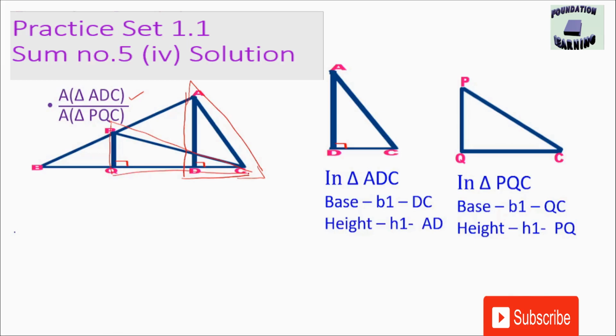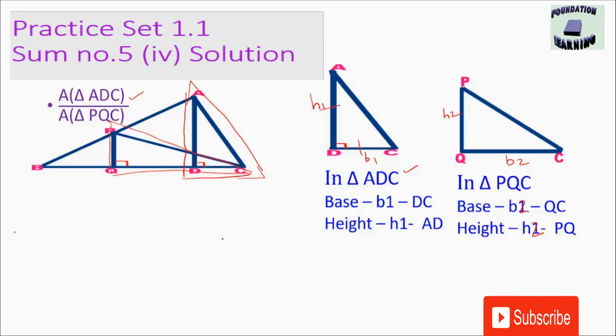Now here you can find that nothing is common. In triangle ADC, base is DC, height is AD. This is B1, this is H1. In this triangle, QC is base 2 and PQ is height 2.